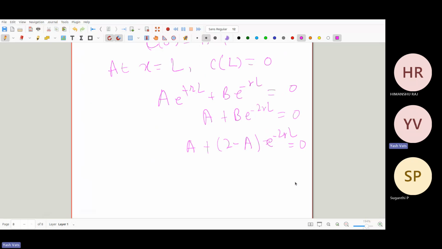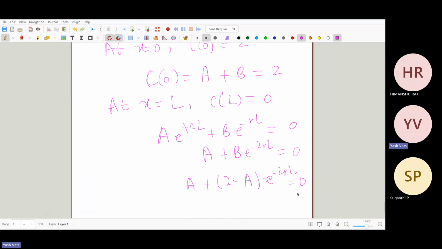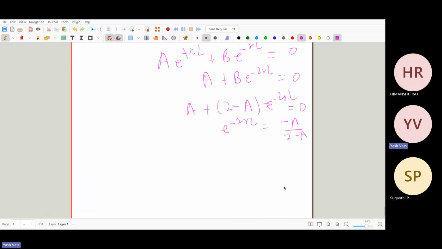How do you do that in this case? Let's see. So here you get, okay, e to the power minus 2RL is minus A divided by 2 minus A. So it is just A divided by A minus 2, and e to the power minus 2RL.